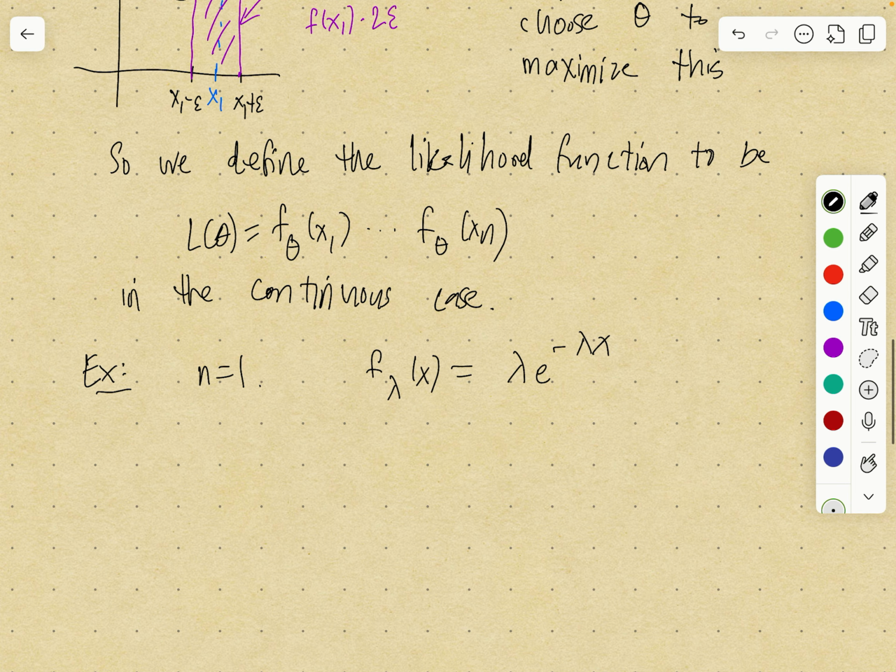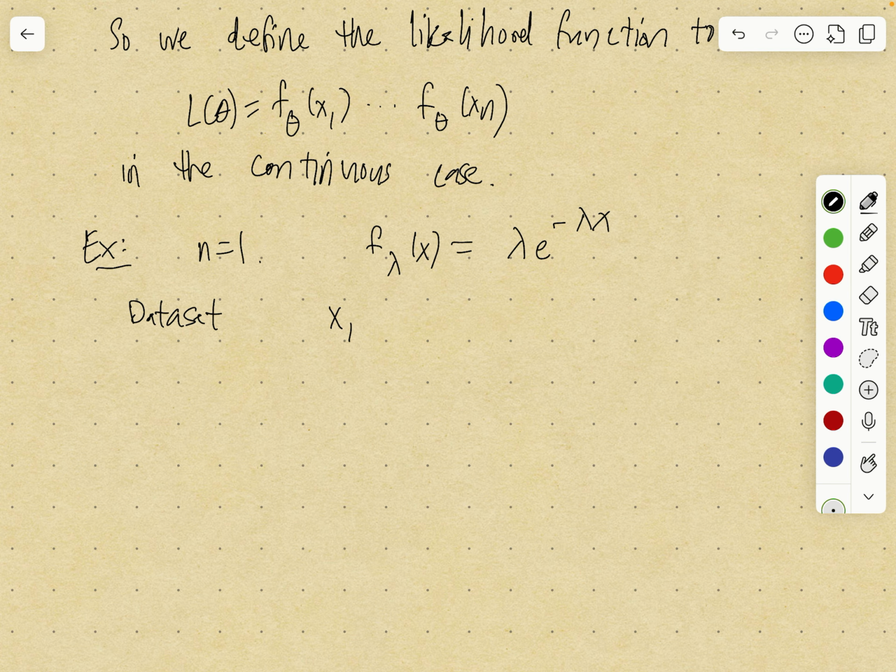You believe the data is distributed as an exponential distribution, and you get a sample, so you get the data set, which is x1. So you take one sample and you get x1, right? And the question is, what is the lambda that maximizes the probability that you ended up getting x1?